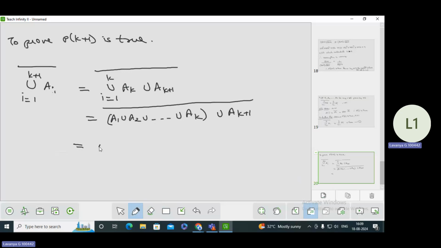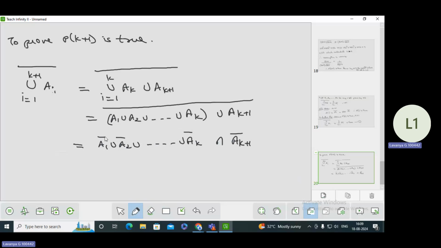So this, in other words, is A1 bar union A2 bar union etc. union Ak bar, intersection A k plus 1 bar. How did I get to this step directly?